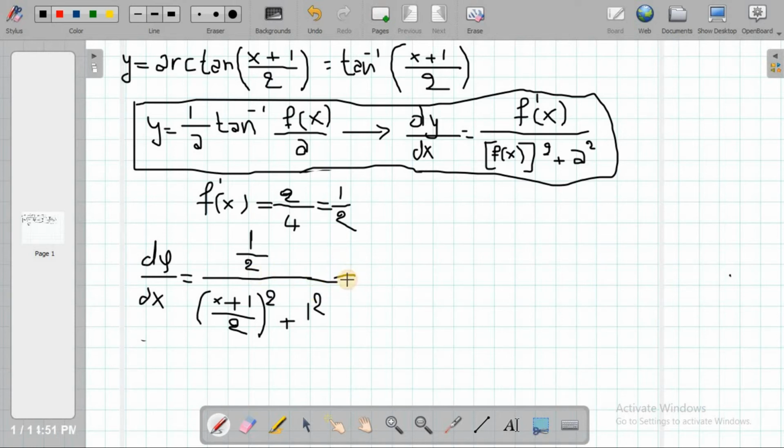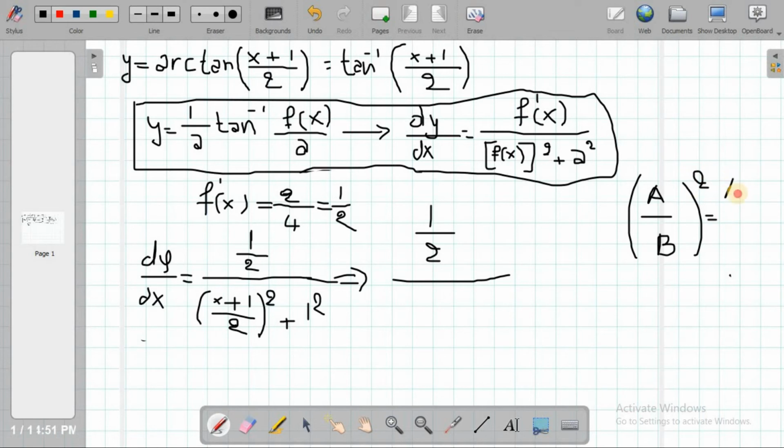So you can see we have a square here, so we can do this: 1 over 2. We have a square here, so square of square. Let's say if you have (ab) everything squared, it is the same thing as saying a squared and b squared.